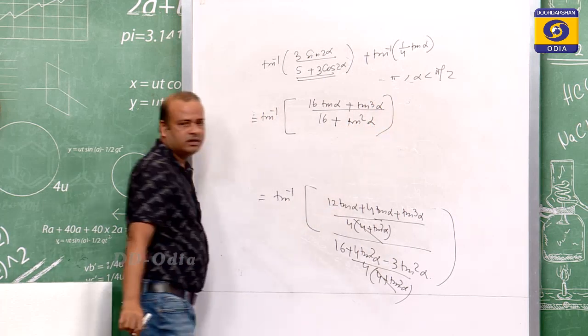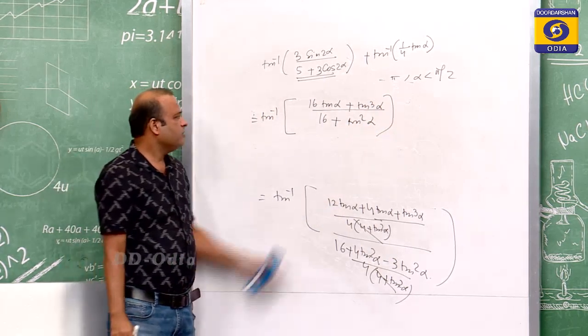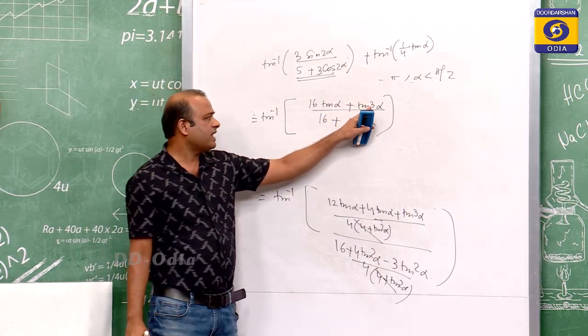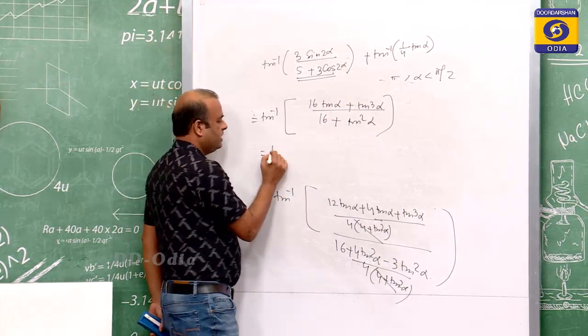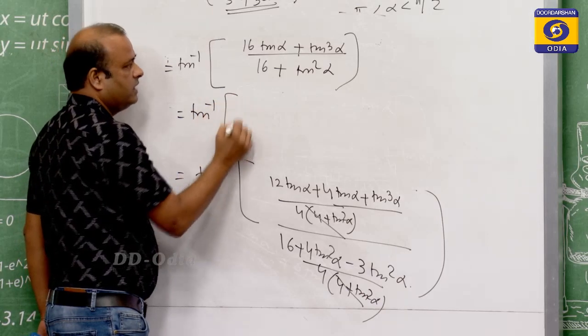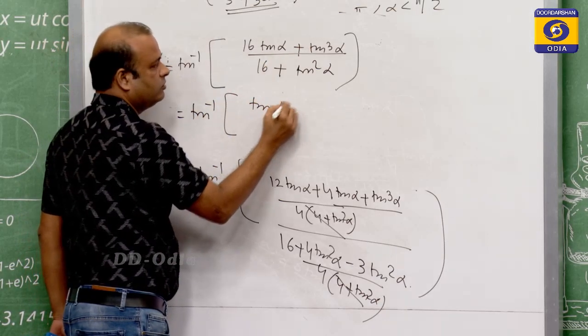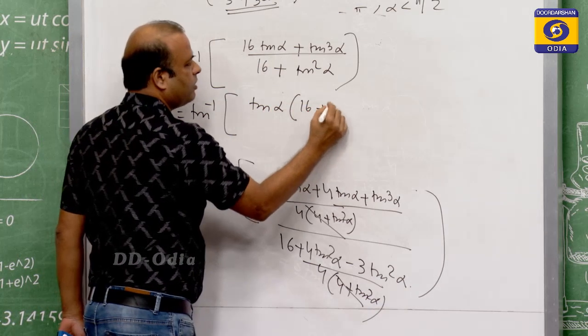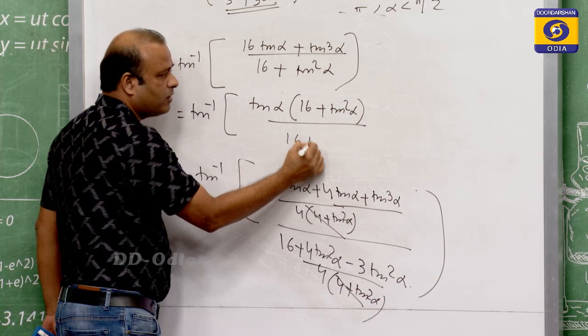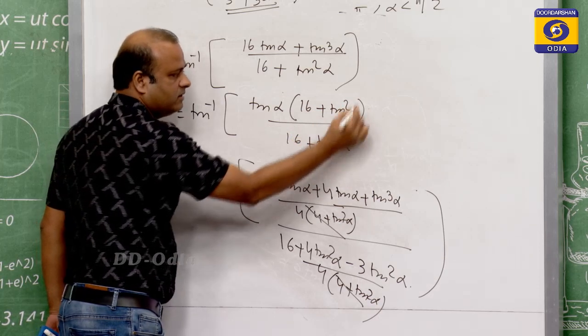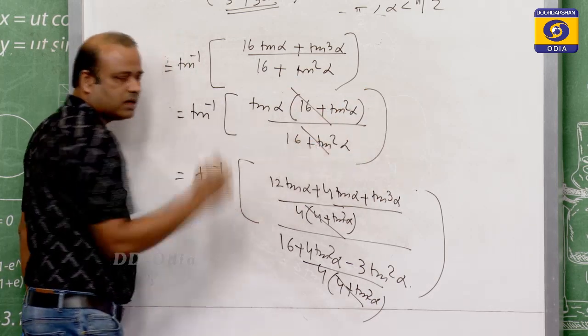Now take tan alpha common, so it is tan alpha into 16 plus tan square alpha divided by 16 plus tan square alpha. These two cancel out.